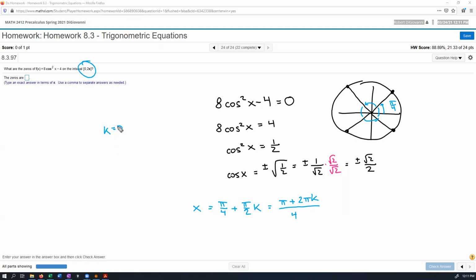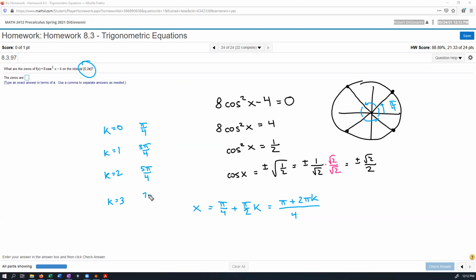If k is 0, we get pi over 4, which is definitely between 0 and 2 pi. K equals 1, we get 3 pi over 4. If k is 2, we get 5 pi over 4, which is still less than 2 pi.